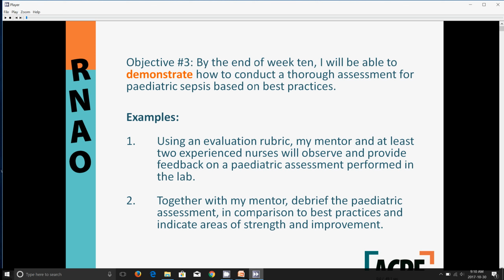And the second example, together with my mentor, debrief the pediatric assessment in comparison to best practices and indicate areas of strength and improvement. So as you can see, these are clear, concise, they're concrete, and they're measurable. They state the criteria that you're going to use and who will be involved.